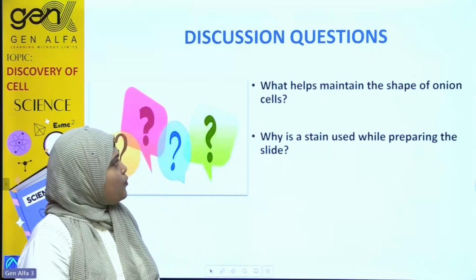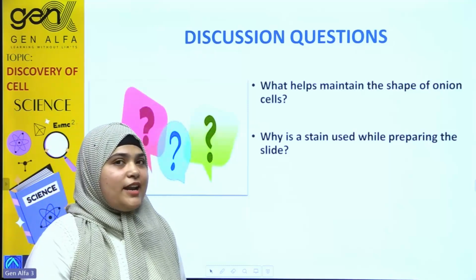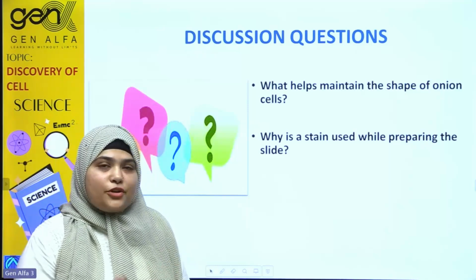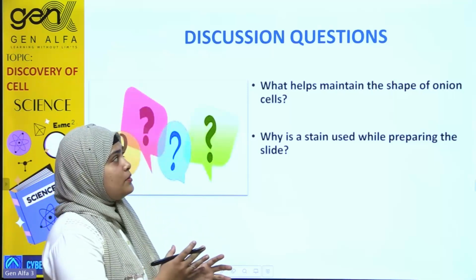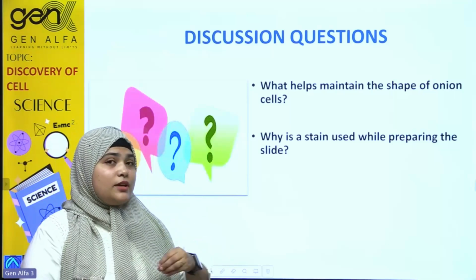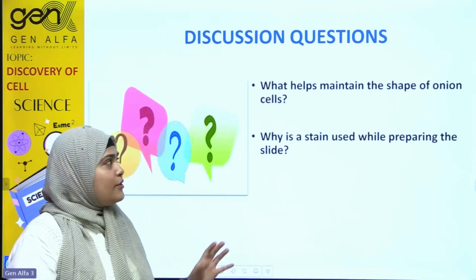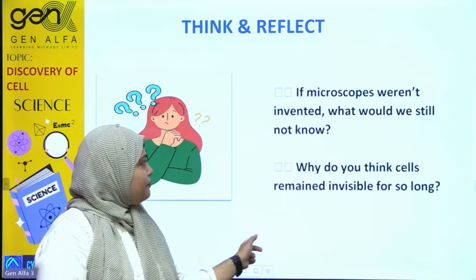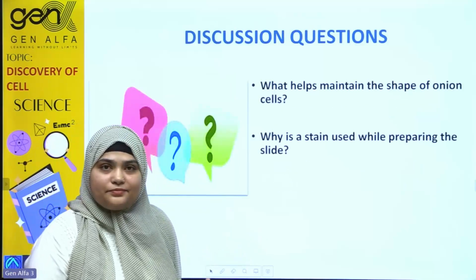Now it's time to have some discussion. Your question number one: what helps maintain the shape of the onion cell? When I was showing you the picture of the observation under the microscope, I told you which structure gives the proper shape to the onion cell. Of course, it is the cell wall. Why is a stain used while preparing the slide?